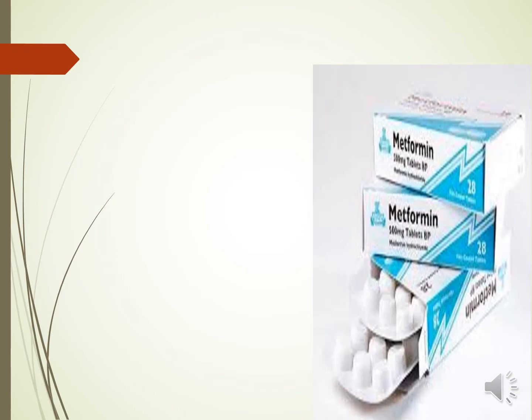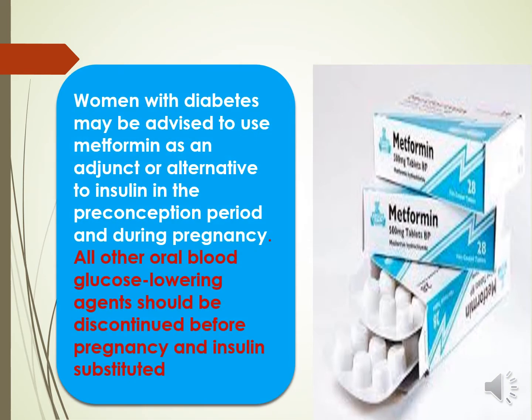How about oral hypoglycemic agents? If the woman was type 2 diabetic and was already on an oral hypoglycemic agent, if she is on metformin, she can continue on it during pregnancy or together with insulin. For women not using metformin, it is best to shift to insulin.